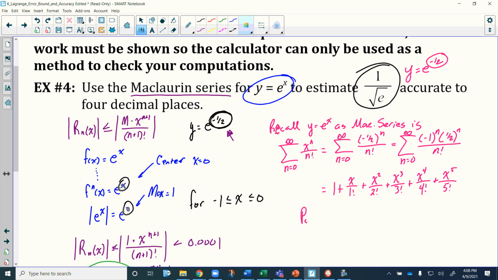So the 5th degreed polynomial in this case will give me 1 plus negative 1/2 over 1 factorial, which is just 1, plus negative 1/2 squared over 2 factorial plus negative 1/2 cubed over 3 factorial plus negative 1/2 to the fourth power over 4 factorial, running out of space, plus negative 1/2 to the fifth power over 5 factorial.